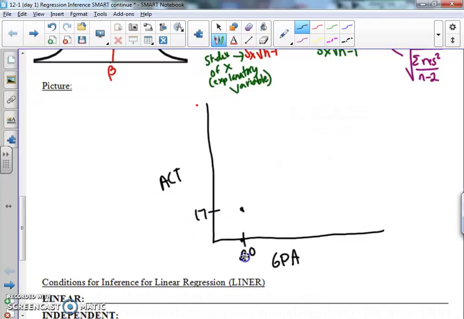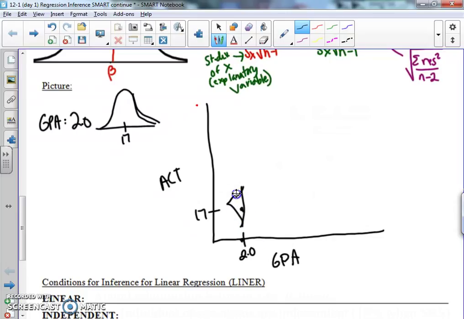But that's not going to be the case for all people that have a GPA of 2.0. That might be the average, but that might not be what everybody gets. So we might see that the ACT scores follow a normal distribution. If we drew that on the picture, it's kind of like a normal distribution that goes this way.